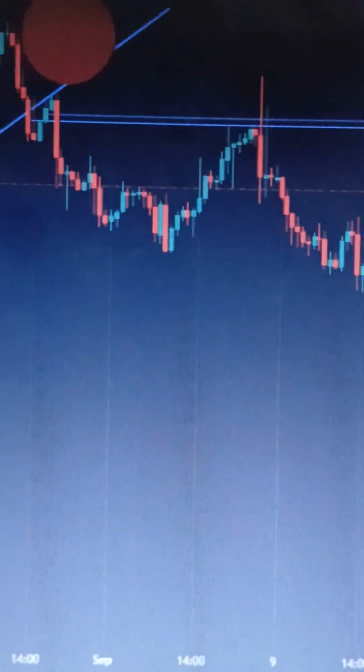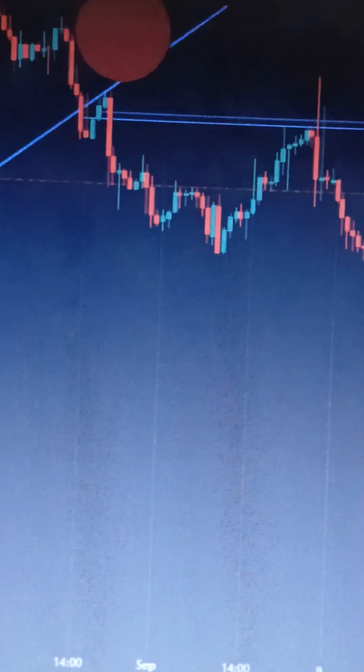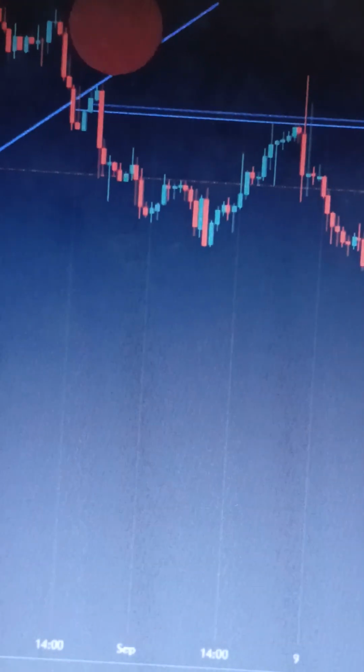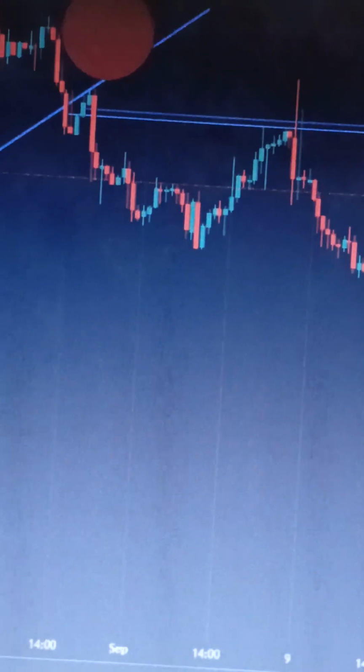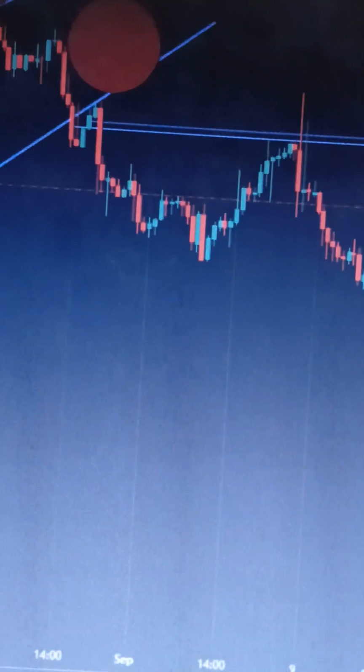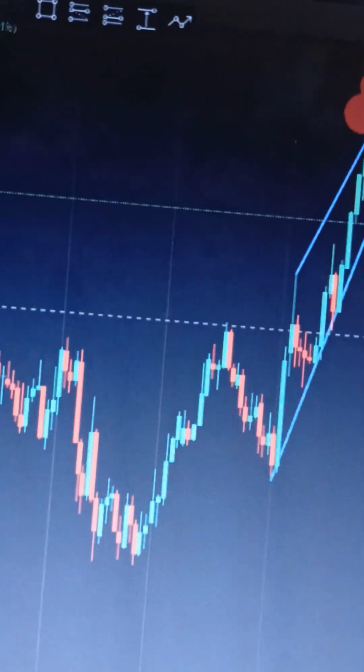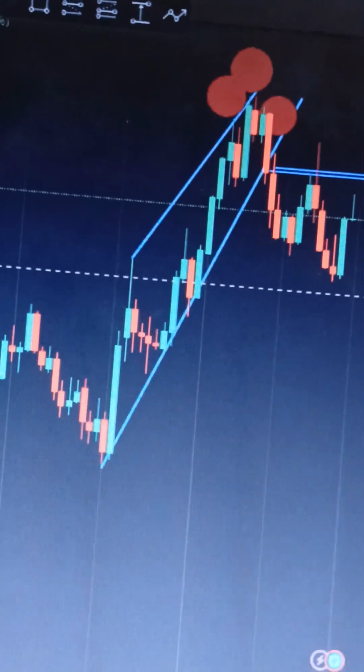We are going back to the daily time frame to see if we can see a three consecutive candle that is going to be aligning with this zone of the market going down.